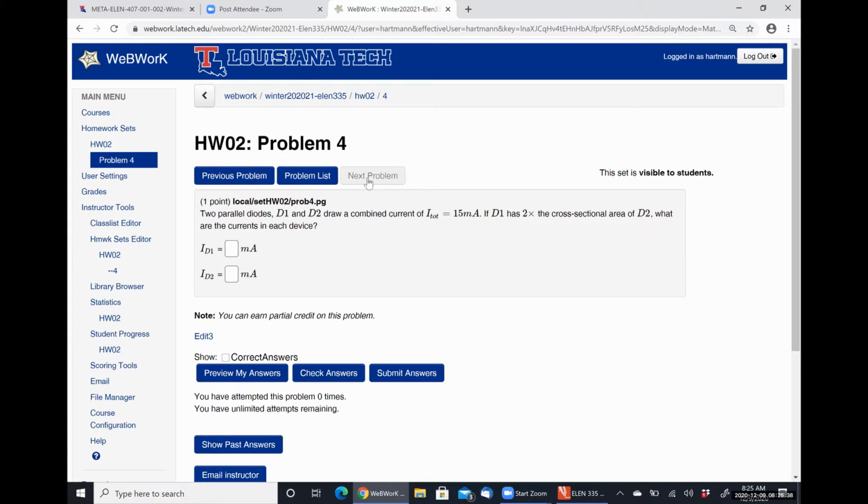So if D1 has twice the cross-sectional area of diode 2, what do we know based on what we just learned? If all of the other parameters are the same, the only thing that's changed is D1 has twice the cross-sectional area, then what is the ratio of the currents flowing in the diodes?